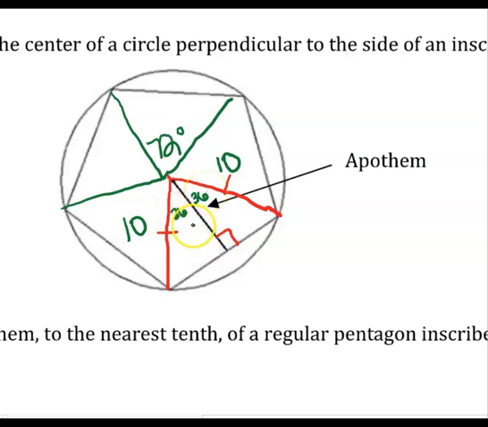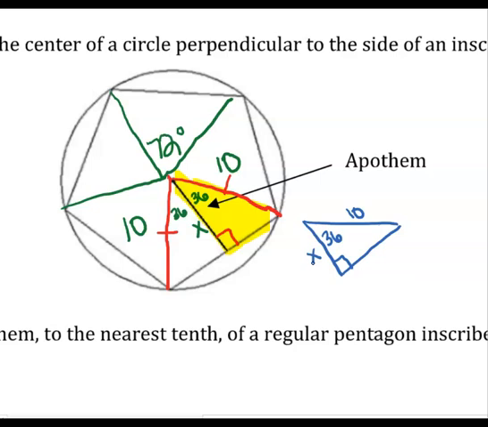I want to find the apothem. Here's the right triangle you can focus on. And again, if that's confusing, redraw it. Maybe better than what I did, but redraw it. Here's your right angle, here's the 36 degree angle, here's the 10, here's the x.